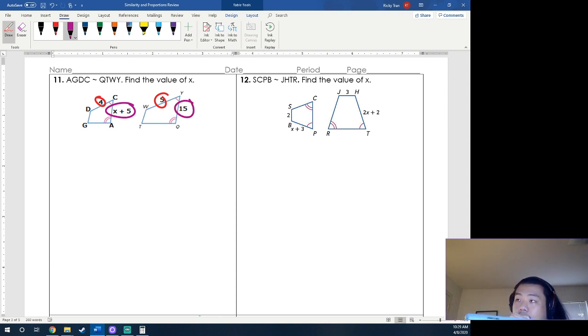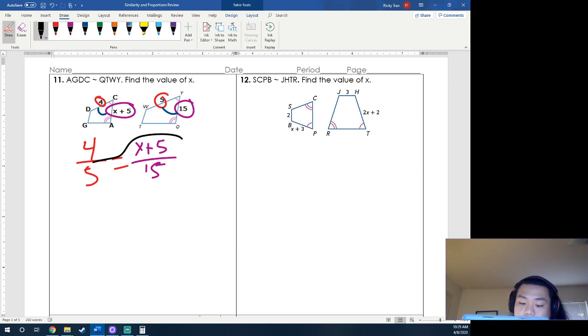Setting it up, we have 4 over 5 is equal to, and remember these are from the same shape, so x plus 5 goes with 4, and 15 goes with 5.